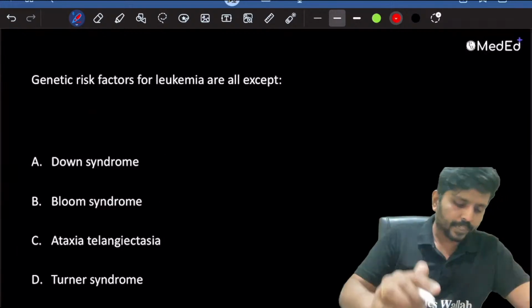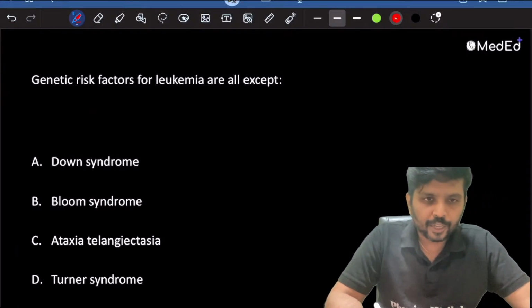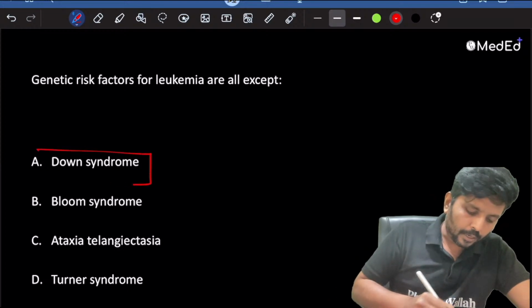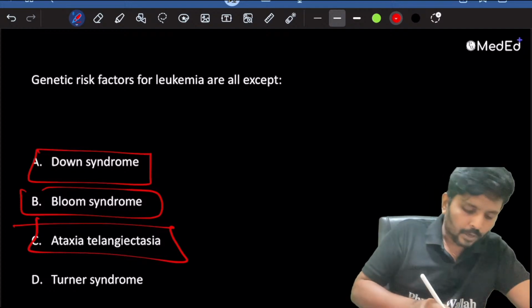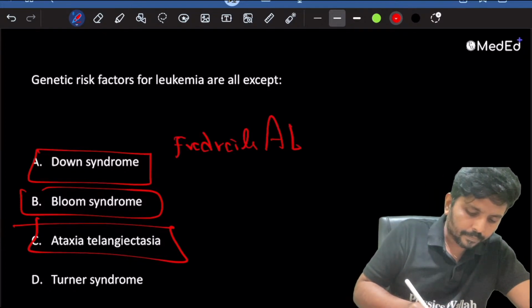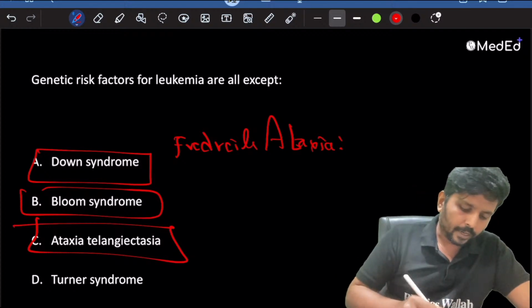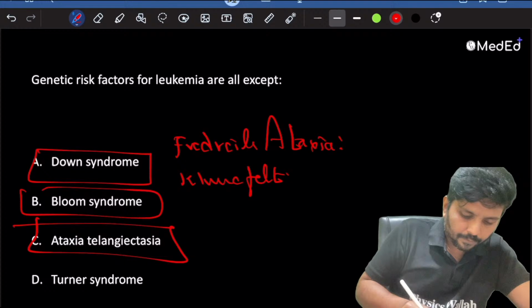Right. Next question. What are all the genetic risk factors for leukemia? The genetic risk factors of leukemia are Down's, Bloom's, ataxia telangiectasia, along with Friedreich ataxia. And also Klinefelter syndrome.